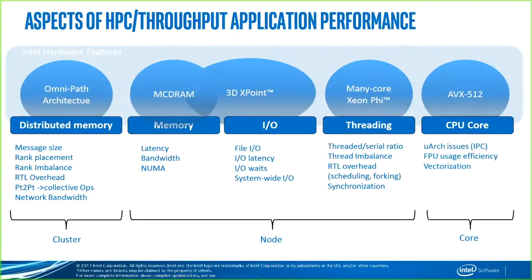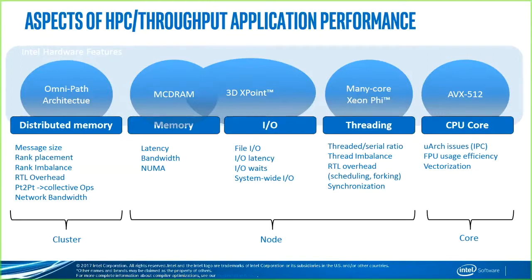It consists of different aspects, starting from internode, for example performance with message passing, and the problems that might be specific to message passing, especially increasing at big scale. This list might not be full, of course. This is just to show that performance is not a simple thing for an HPC application.